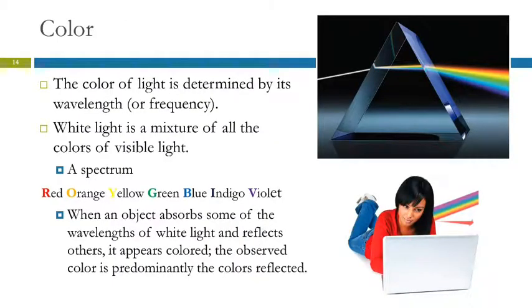The color of the light is determined by the wavelength, which is related to the frequency. They're related to each other, so you can say they're different frequencies or different wavelengths. Yes, they're both. White light is a mixture of all the colors of visible light. It's a spectrum. If we run white light through a prism, as the light goes through the surface between air and the glass, the different wavelengths are bent differently.